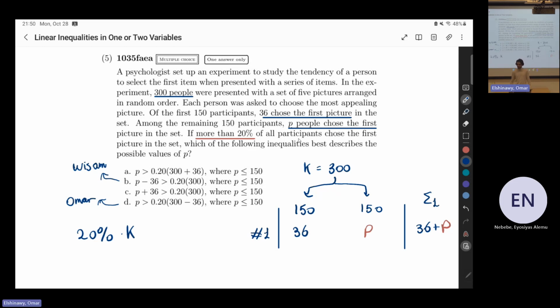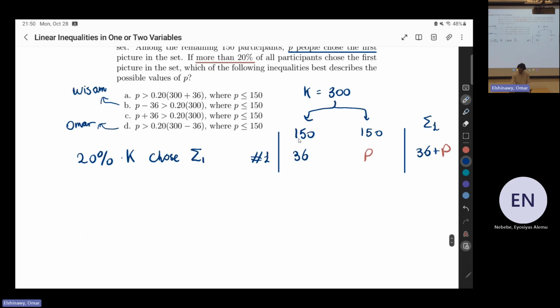No, I still haven't written down my statement. So what I'm saying is that more than 20% of people chose the first picture. So more than 20% of all people.